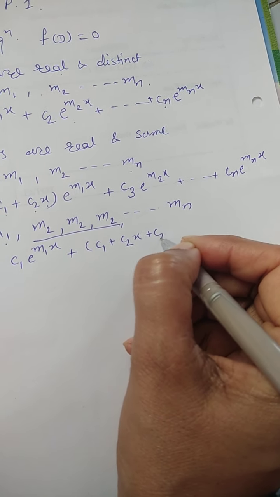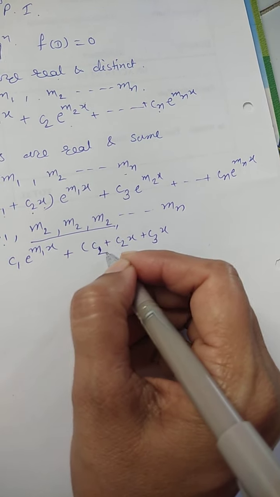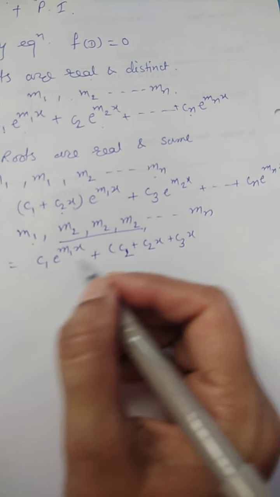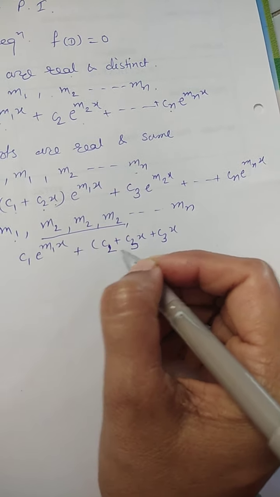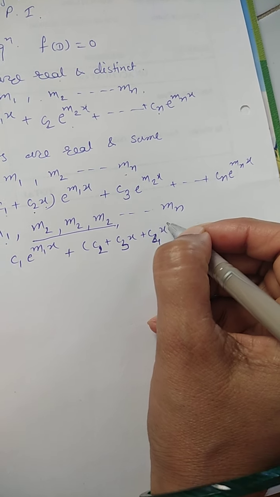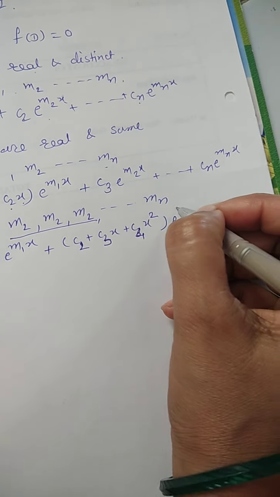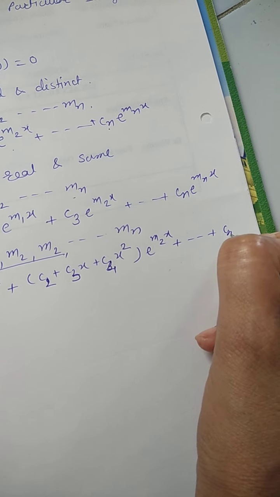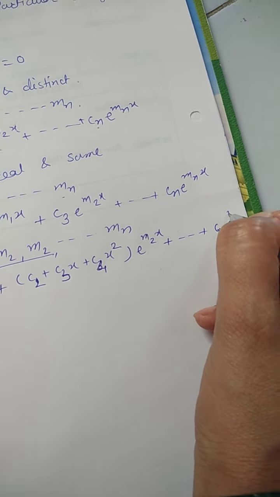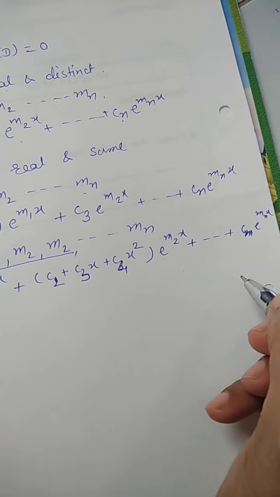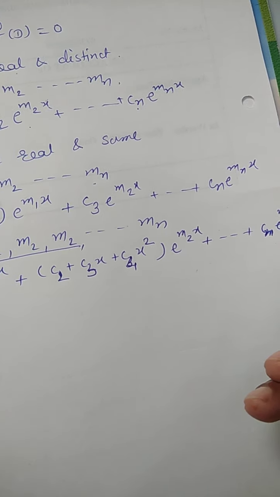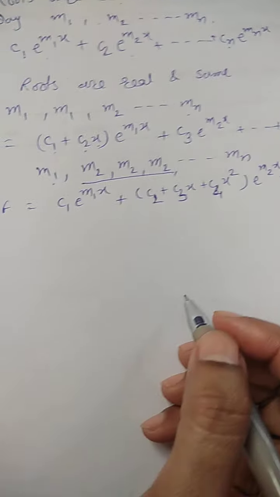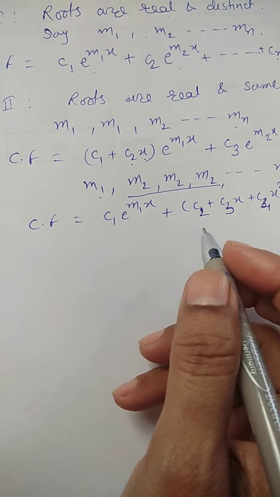Here we have to write C2 because we have used C1 already. So (C2 + C3x + C4x^2) e^(m2x), and for all the distinct roots we have to write the separate terms. So this is for repeated roots.